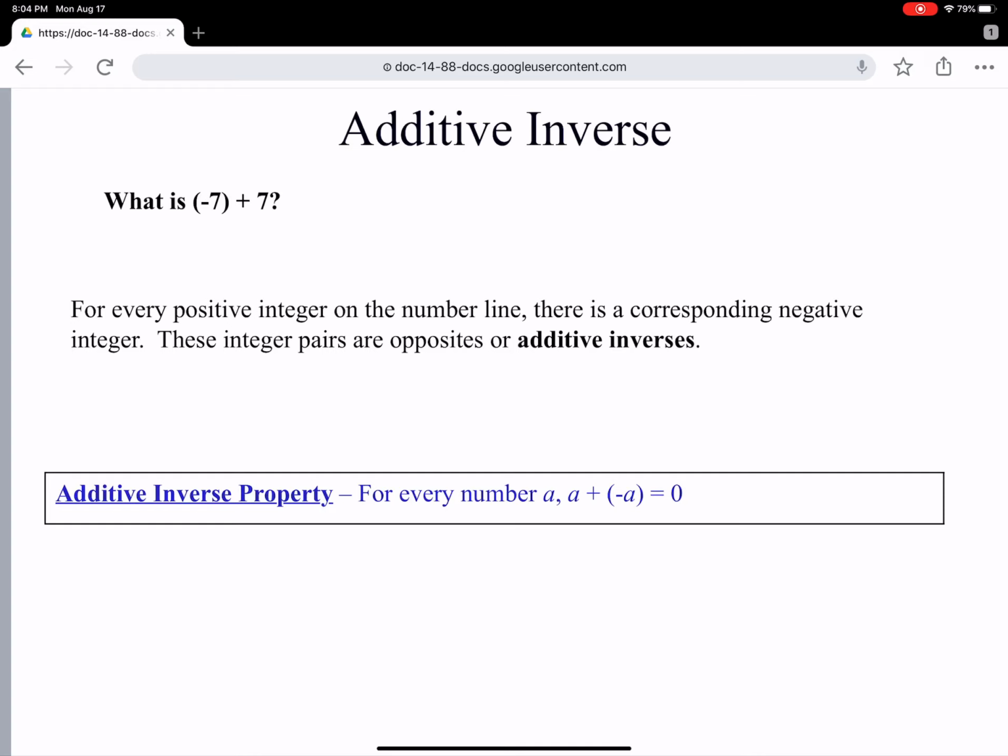If I take two opposite numbers and I add them together, I'm going to get 0. So in this case, -7 and its opposite, which is 7, because they're both the same distance away from 0, if I add these together, I get 0.